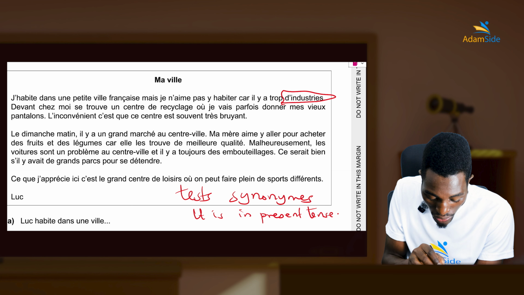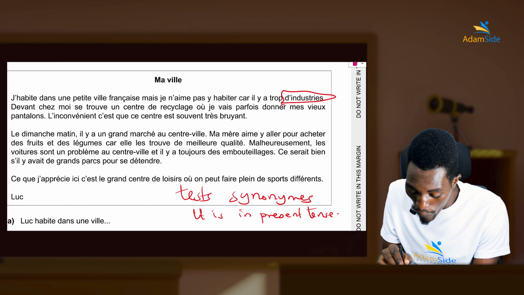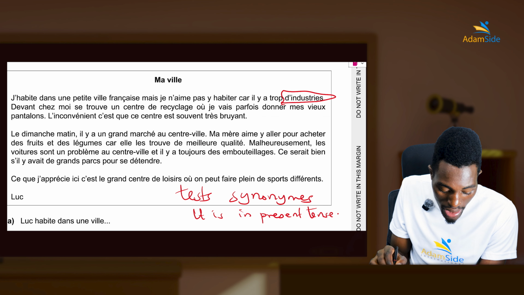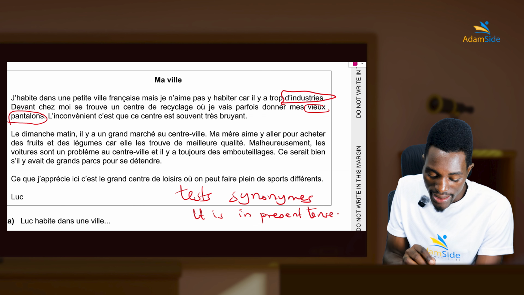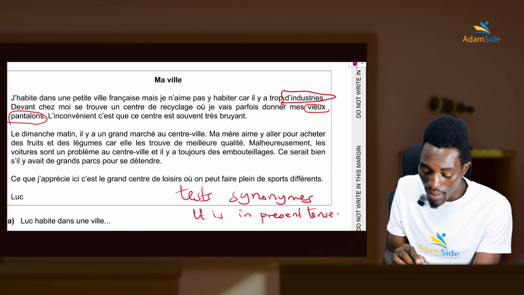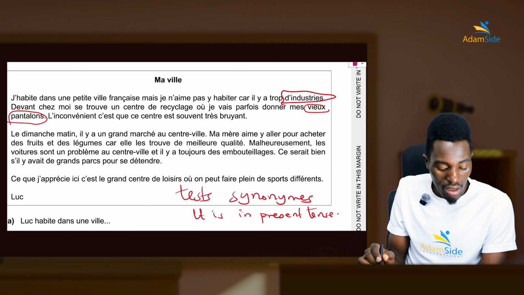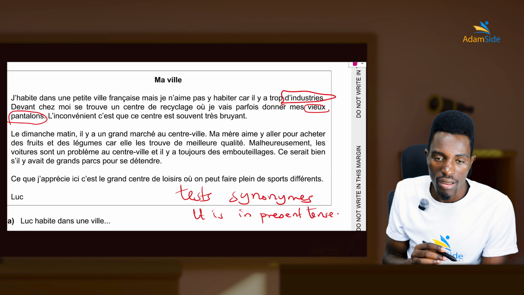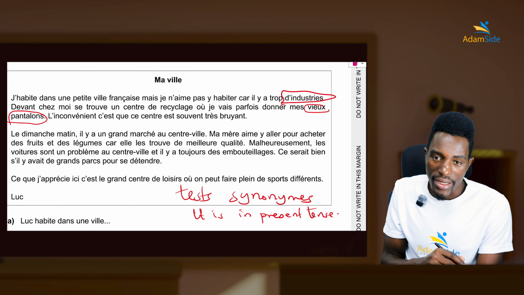So I continue where I ended. Devant chez moi se trouve un centre de recyclage où je vais parfois donner mes vieux pantalons. In front of my house, there is a recycling center where I sometimes give my old pants, trousers, where Luc brings his pants.